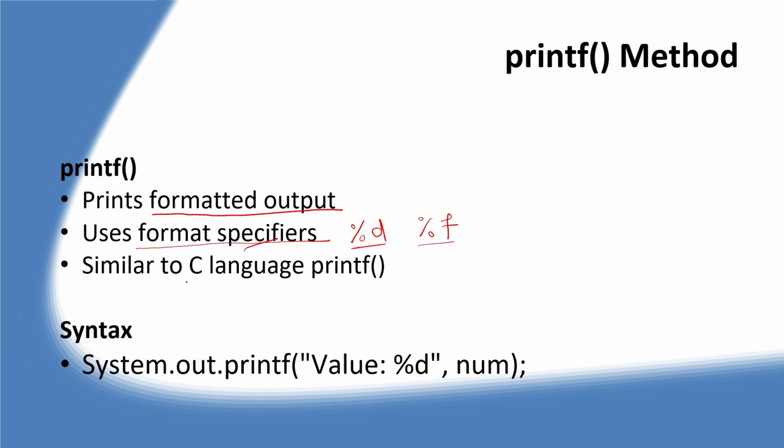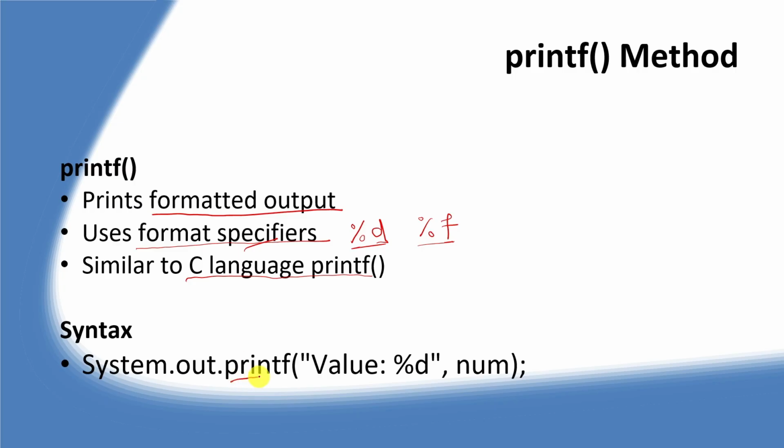It is kind of similar to C language printf. But let's not worry about this, we will get more clarity after seeing examples of format specifiers. If we are using an integer, we'll use %d. If we are using a floating point, we'll use %f. So let's see the syntax.